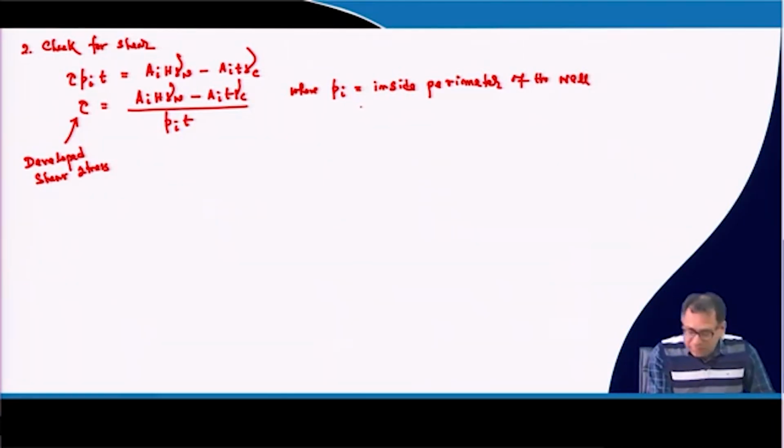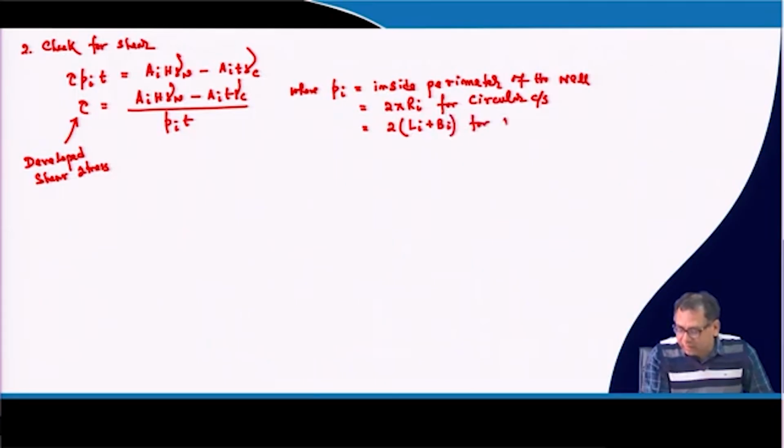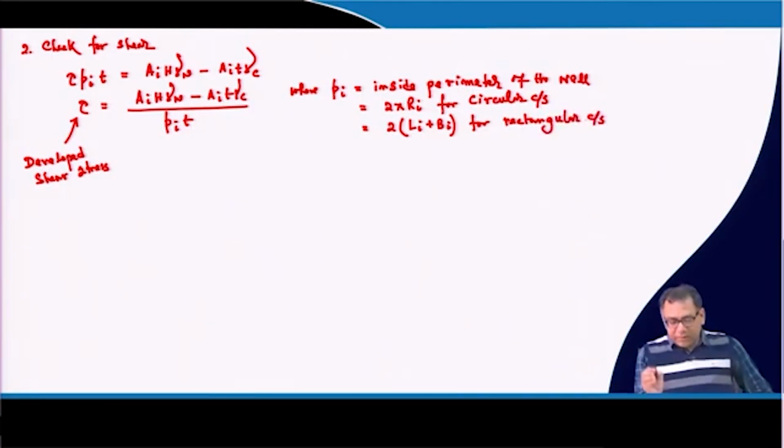Okay, so that is equal to 2 pi r I for circular cross section, and equal to 2 into L inside plus B inside for rectangular cross section. So, this is the shear stress which is developed.